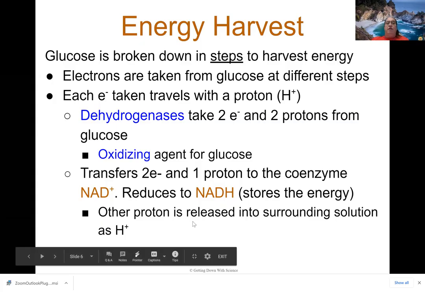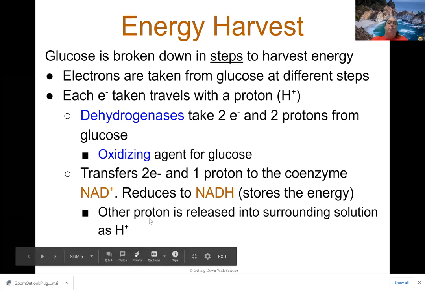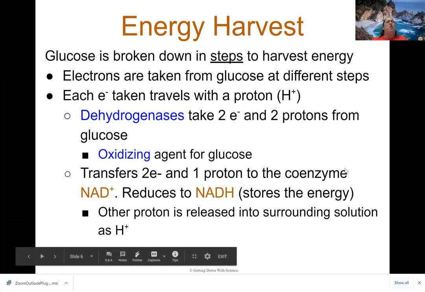Other proton is released into the surrounding solution as just a hydrogen ion. So we remember it was H2O. So we got 2 electrons. We took one of the protons, stuck it, reduced it to the NADH. The other one is just a hydrogen ion that's been released and will play a role in terms of our hydrogen gradient.